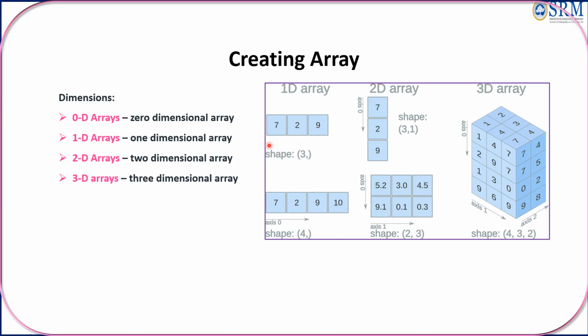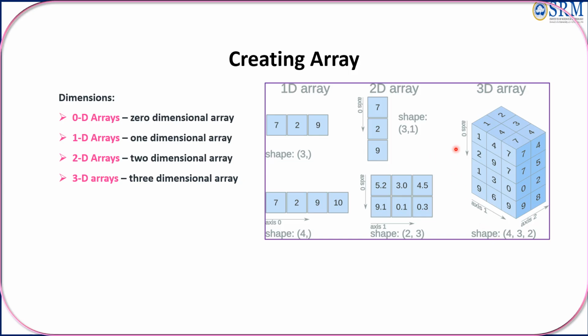And n number of values displayed along axis 0 fall under the category of one-dimensional array. Likewise, if we have a set of values along axis 0 and axis 1 like this, it is a two-dimensional array, or even the array size can be like this, which is also a two-dimensional array.